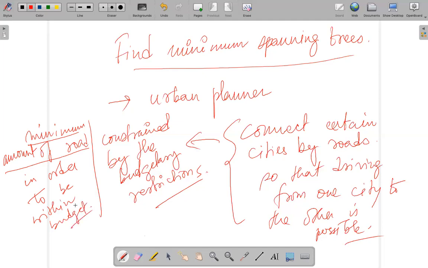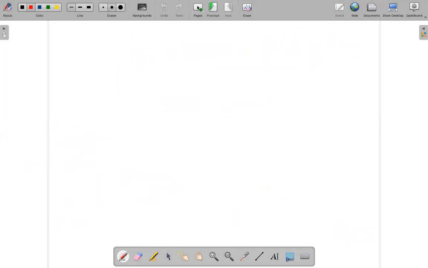So this is exactly the problem that the urban planner has to solve. Now this problem can be very nicely mapped to spanning trees in graphs. So let us define to begin with what is a spanning tree.